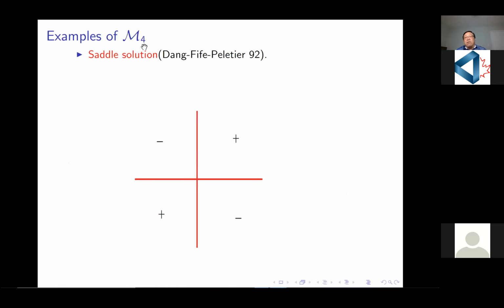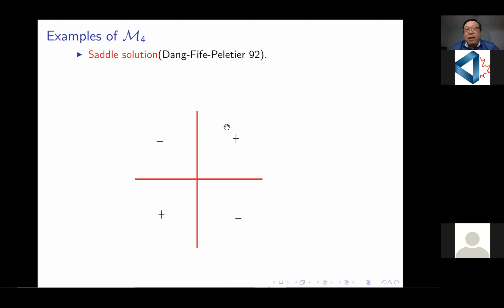For example, let's go to 4 ends first. The 4-end solution was proved by Dang, Fife and Peletier in '92, and we call it the saddle solution. These are solutions where you divide R2 into 4 quadrants. u is 0 on the x-axis and 0 on the y-axis, and it is positive, negative, positive, negative, simply by reflection.